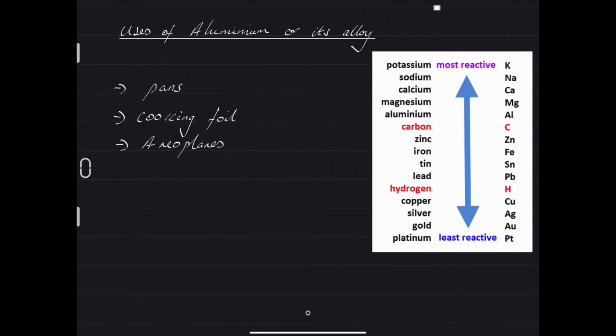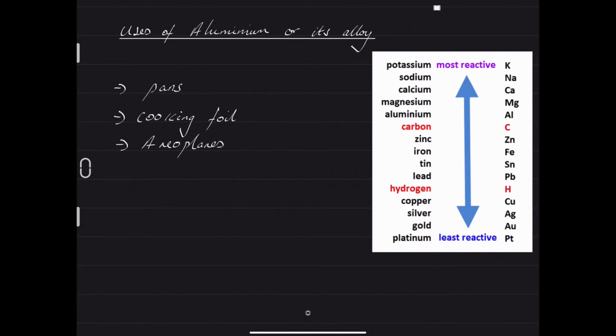It's something to do with the air that the aluminium is reacting with, and once it reacts with it, the aluminium becomes unreactive. I want you to think about this and type an answer back to me on Teams regarding what could be the reaction that occurred that rendered aluminium unreactive and allowed us to use it in these items here.